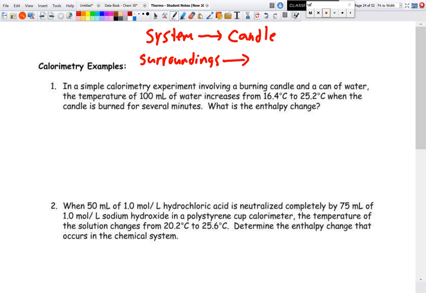In this case, it says water increases from 16.4 to 25.2. That is my water. Now the reason I want to do that is you can write down all your information over here on the side, but when we get into more examples, there's going to be a lot of information there. So I just like to go delta H is equal to negative Q.